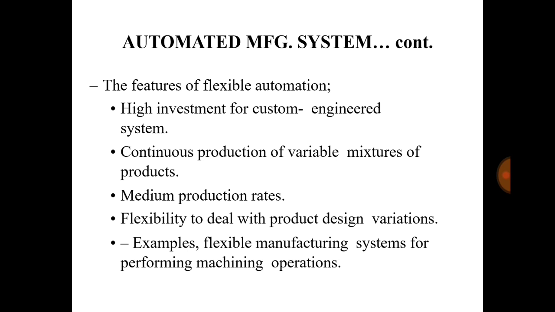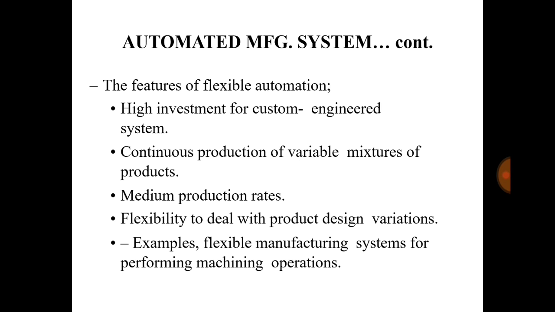Fixed automation is suitable for mass production, programmable automation is suitable for batch production, whereas flexible automation is suitable for a medium production rate. Then flexibility to deal with production design variation. Your system is quite flexible and it will accept variations in the product. An example is a flexible manufacturing system for performing machining operations.